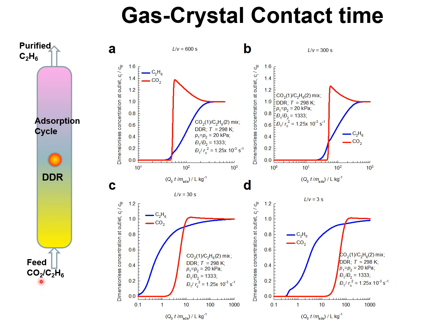For separations of CO2, C2H6 mixtures with DDR zeolite, I consider here a set of 4 simulations in which the particle size is held constant and the chosen particle size yields a diffusional time constant of 1.25 times 10⁻³ per second. The ratio of the diffusivity of CO2 to C2H6 is 1333.